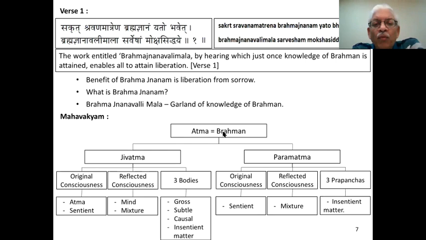Okay, so what we are trying to understand now is that there is oneness between this Atma and this entire universe. Generally, in some of the Upanishads, it has been said that one can know one's own Atma when one goes to sleep.